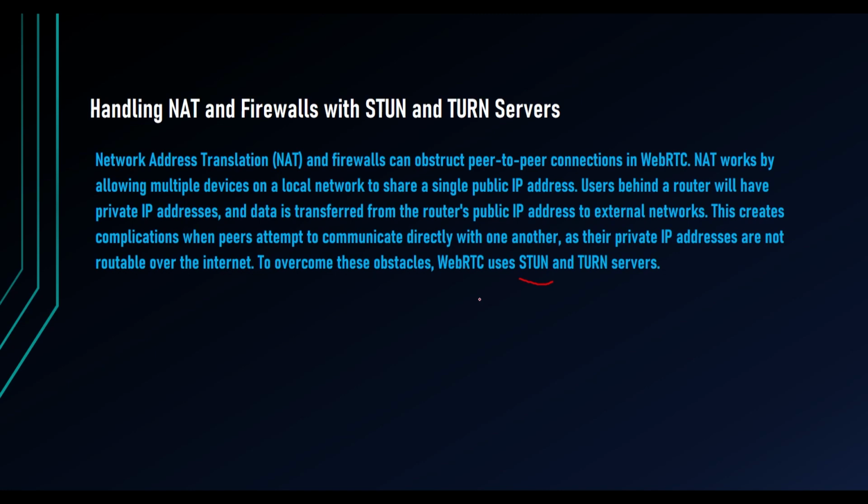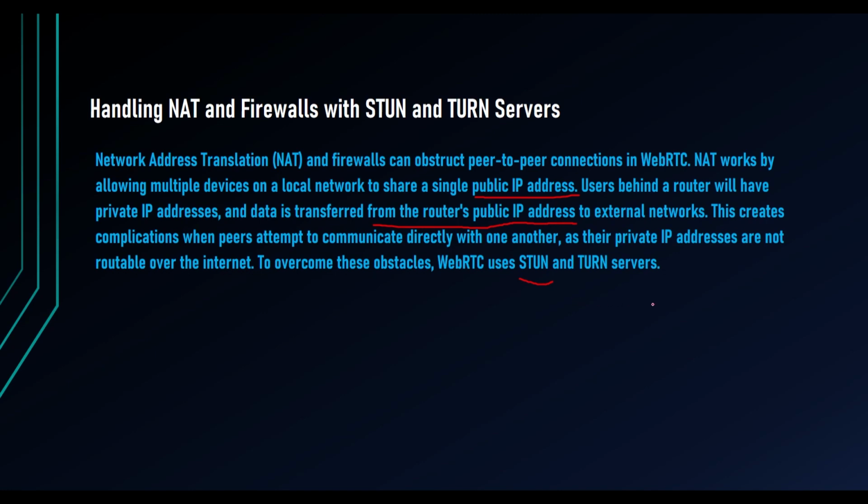Network Address Translation, or NAT, and firewalls can obstruct peer-to-peer connections in WebRTC. And what is NAT? It allows multiple devices on a local network to share a single public IP address. Users behind the router will have private IP addresses, and data is transferred from the router to the public address. This creates complications when peers attempt to communicate directly with one another.